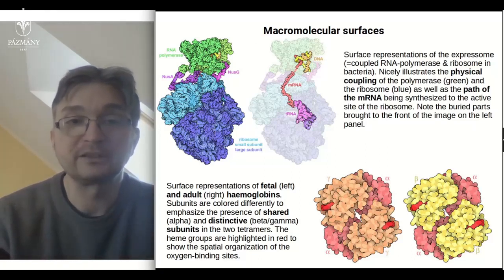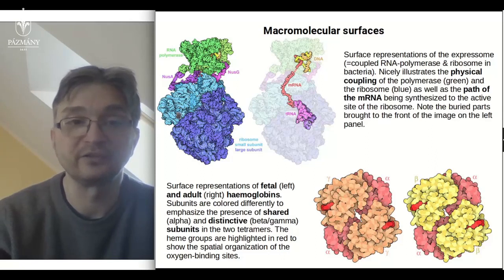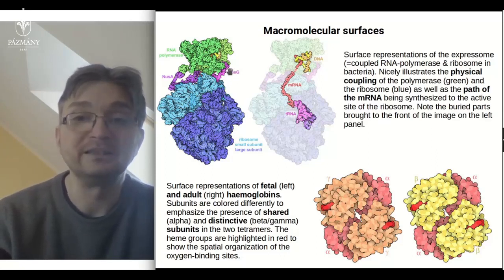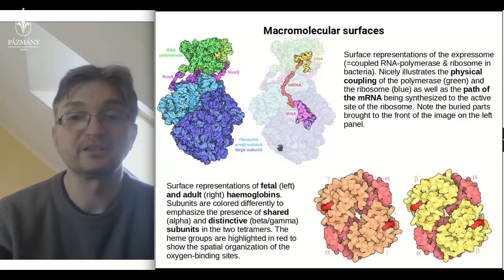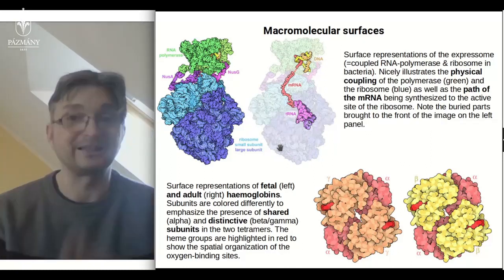In such a representation, this is the polymerase in green, and this is the ribosome. The two subunits are colored with different shades of blue here, and these are proteins that help making the contact between these two proteins.